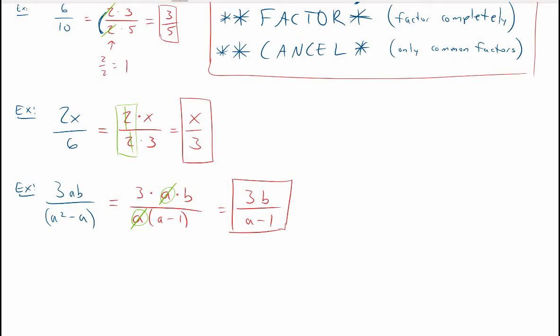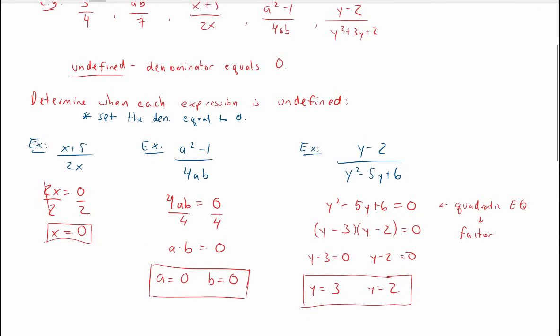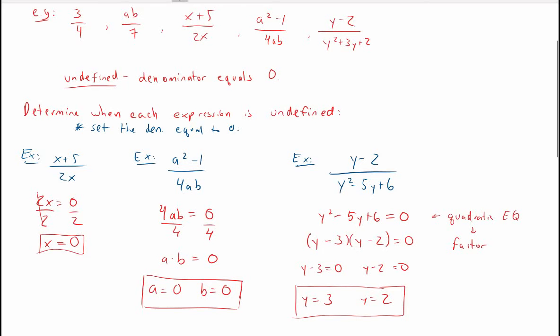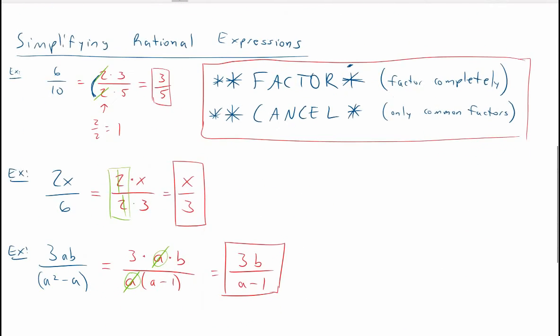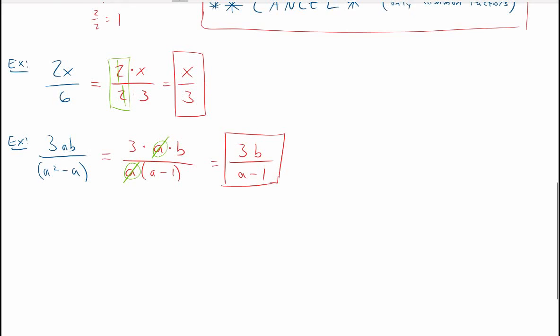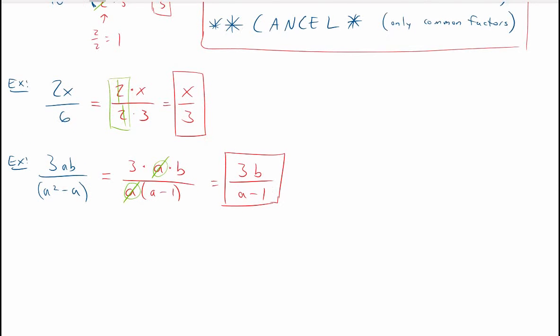That's it. Okay. Now, you'll remember we said in the beginning that we need to make sure we always identify when an expression is undefined, right? So if we come back to this expression, it's important to notice that in the original expression, I had a factor of a and a factor of a minus 1.